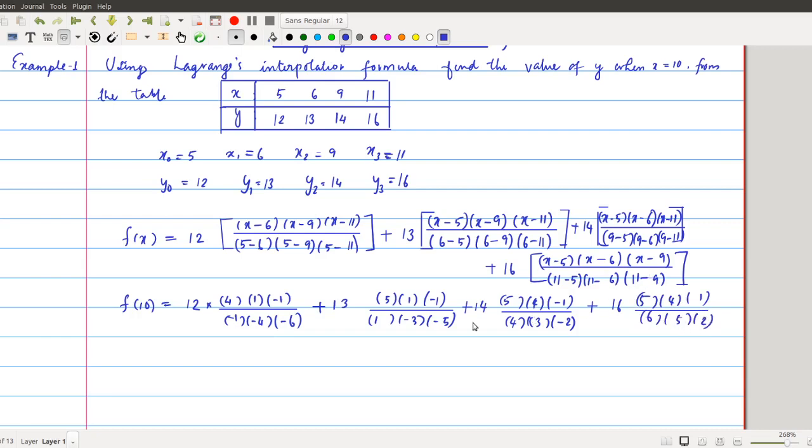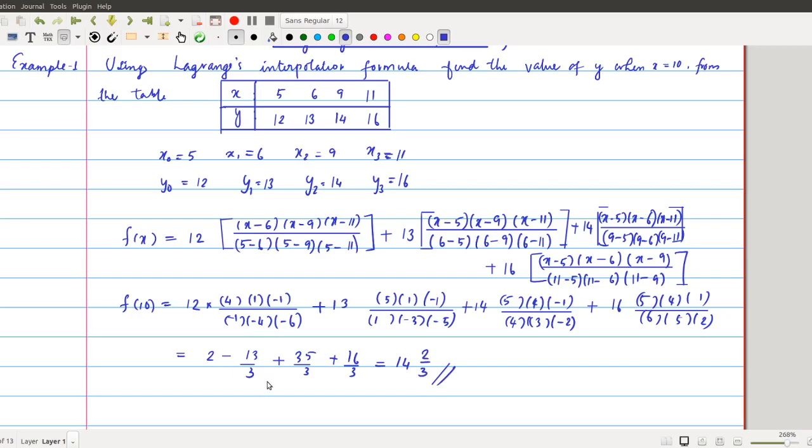This comes from the last term. When you simplify this, you get 2 minus 13 by 3 plus 35 by 3 plus 16 by 3. Please verify these numbers from the previous expression. So this is equal to 14 and 2 by 3. So this is the value of f of 10.